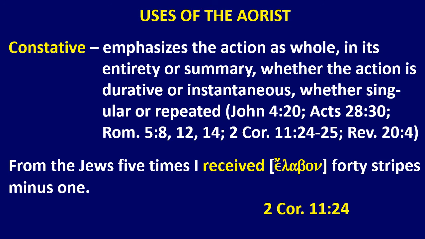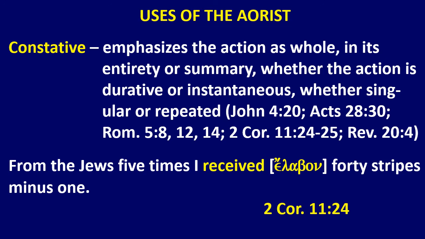And so we see here that in each occasion is an action, scourging, that involved repeated action, 39 lashes, but it is being viewed collectively here in its entirety as one completed whole. Paul is again looking back over time, and he's viewing these actions remotely and perfectively in terms of aspect.